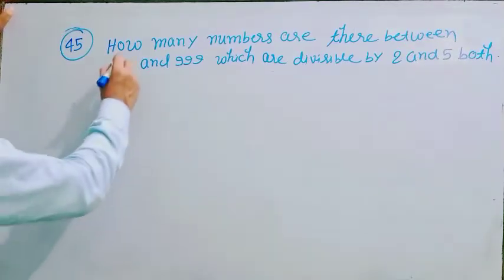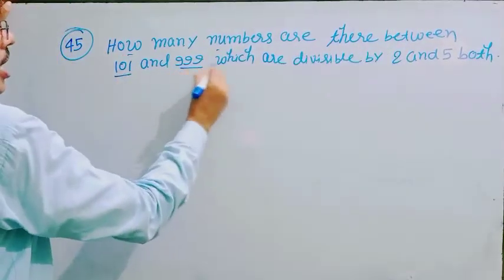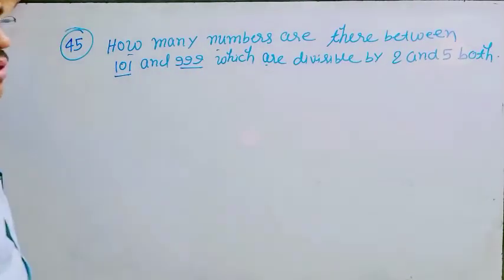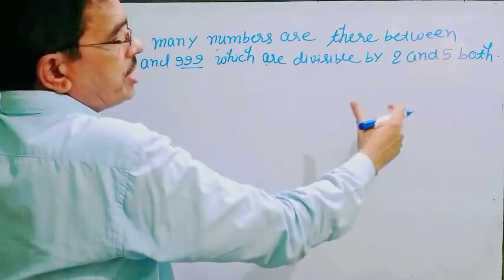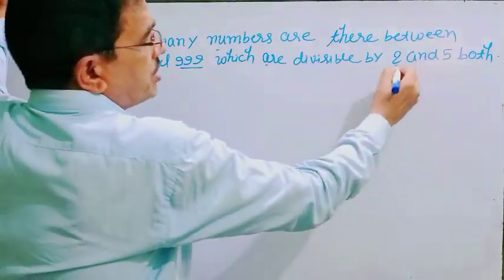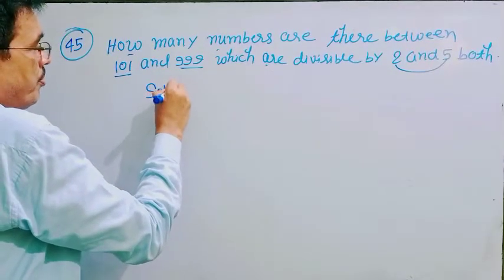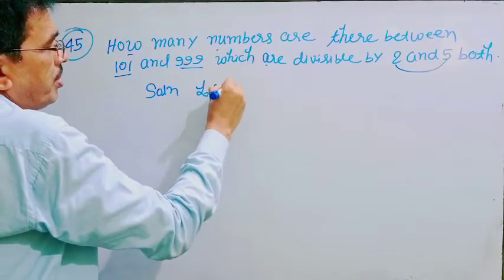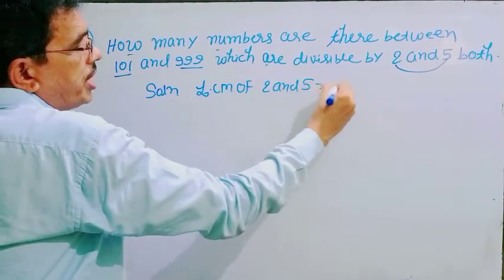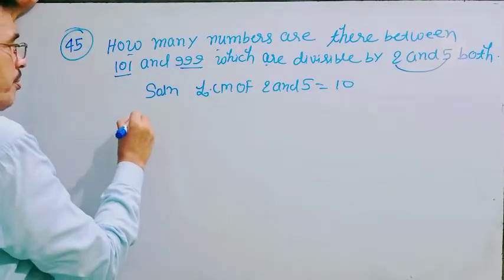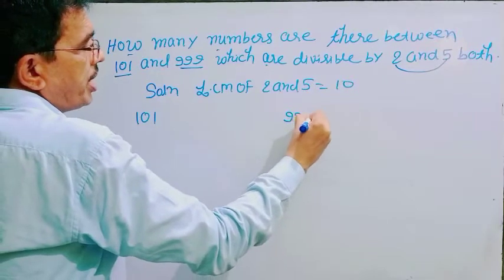Now see, how many numbers are there between 100 and 999 which are divisible by both 2 and 5? If your question is related to 2 and 5, 5 and 7, 3 and 5, anything, then first you find the LCM. So in the solution, first you write the LCM of 2 and 5, that is 10. Now the smallest number is 100 and the greatest number is 999.